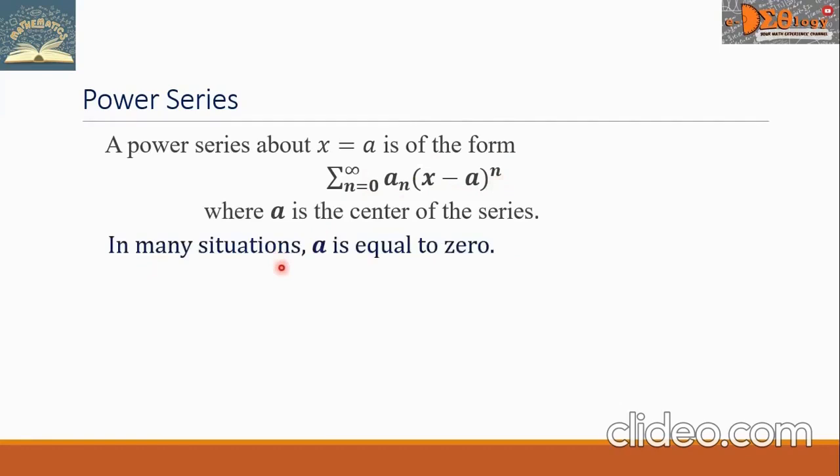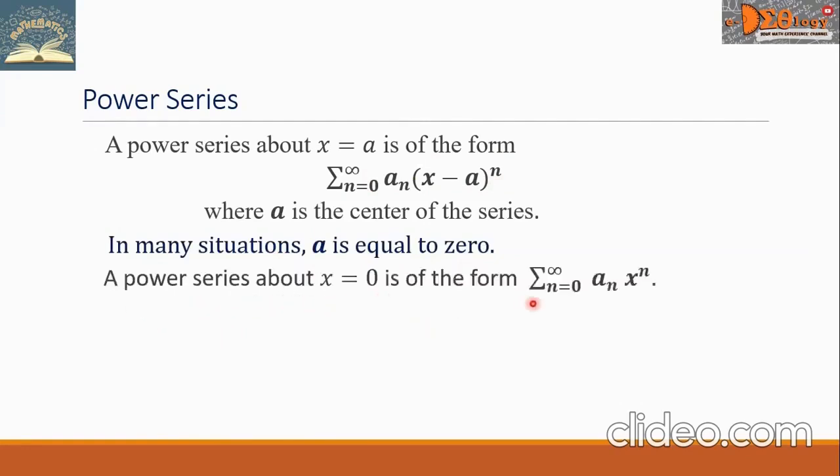In many situations, a is equal to 0. So we can write again, a power series about x equals 0 is of the form summation from n equals 0 up to infinity of a sub n times x raised to n.